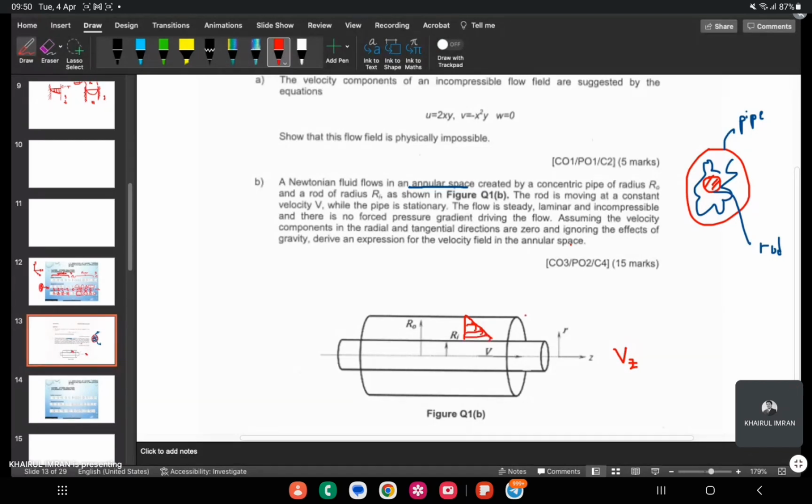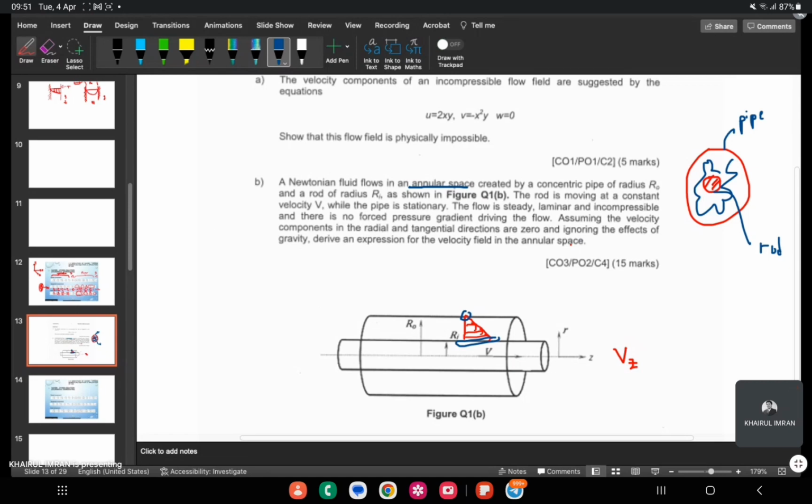Segitiga juga. Tak boleh ada curve because the movement of fluid is due to movement of the rod. The plate. Kalau contoh atas tadi plate lah. Now it's actually rod. Okay, so you are gonna have two boundary conditions, at the top and the bottom boundary condition.